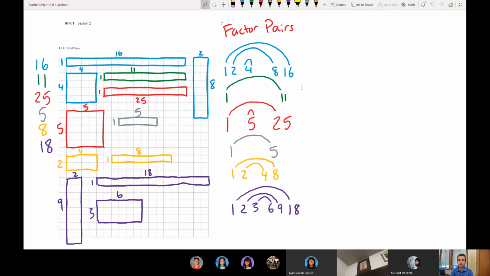What do each of these factor pair rainbows start with and end with? So these rainbows over here. Adelina, what do you notice about what they start and end with? I noticed that they start with a 1.